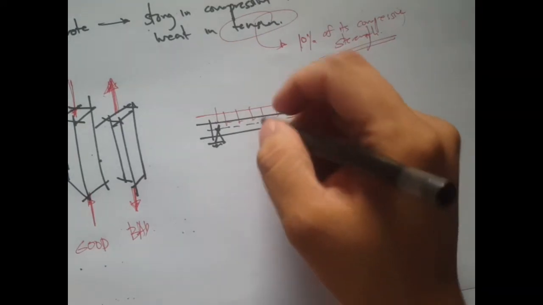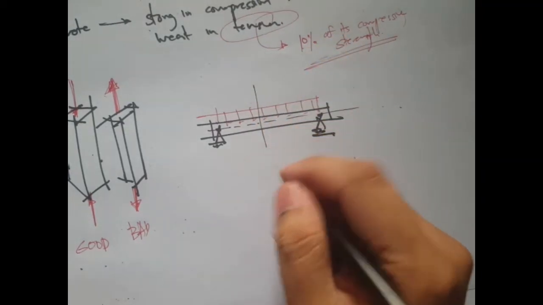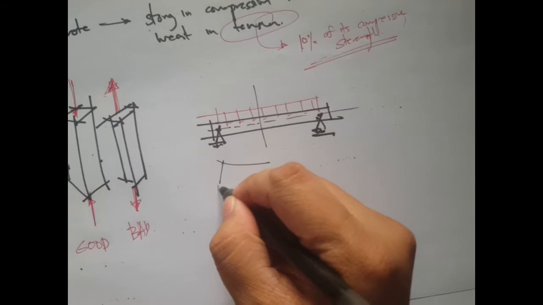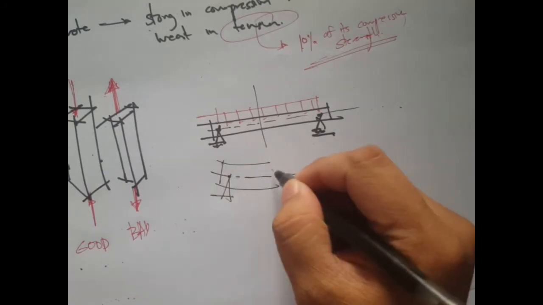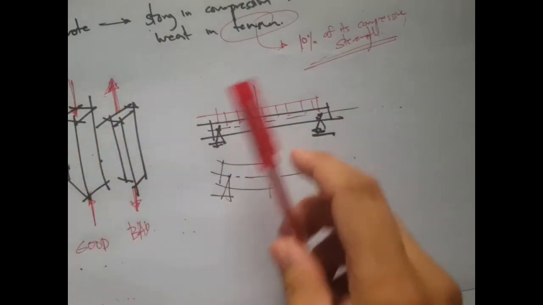So if we cut this section, what we get is something like this. Of course, we get a bending and deflection, and also the stresses.